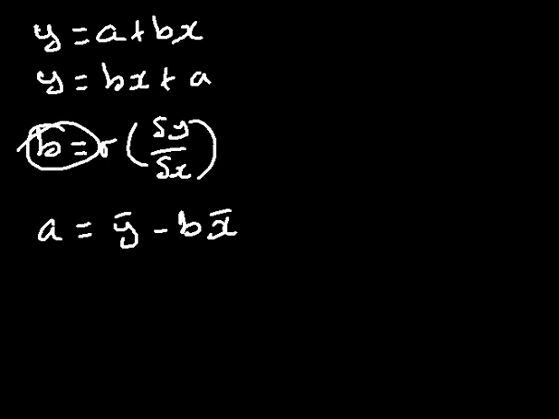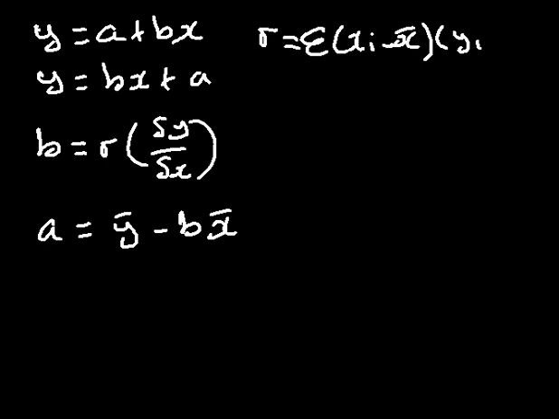B is given in terms of the correlation coefficient, and we understand the formula for the correlation coefficient is given as the summation of xi minus x bar times yi minus y bar, divided by n minus 1.